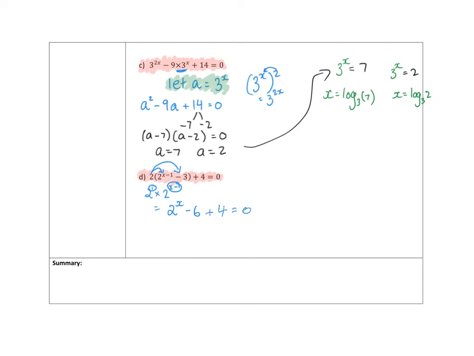So now we end up with 2 to the x minus 2 equals 0. If we bring the 2 over, we can see that 2 to the x is equal to 2 to the 1. And if we equate powers as we did in part A, we note x equals 1.